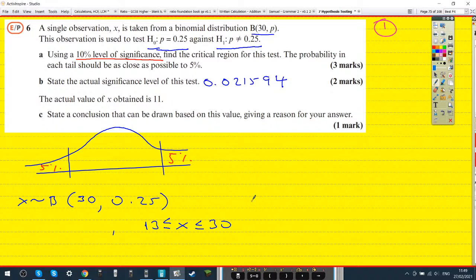So would you keep the lower as 0 and change the upper? Yep.